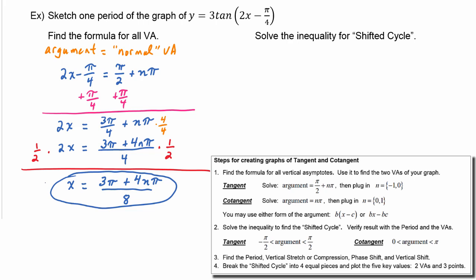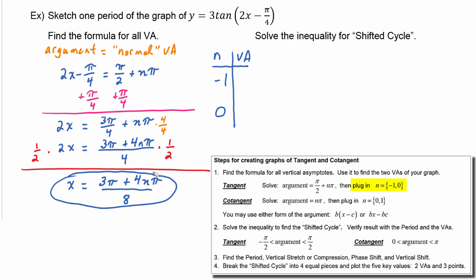We're always going to want to use this formula to find the 2 asymptotes of our one period. And we know for tangent that we want to plug in n is -1 and n is 0. So we'll plug in -1, we'll plug in 0.